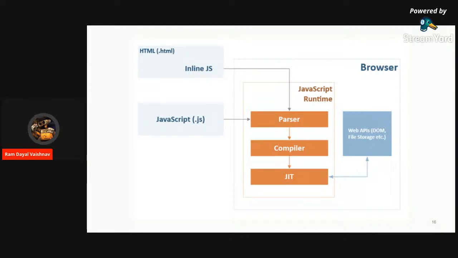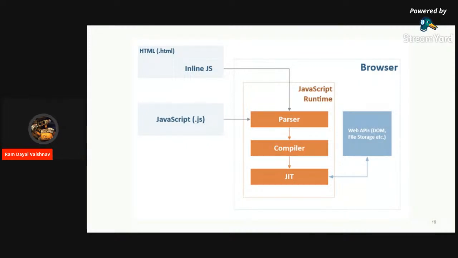If you see the orange section, this is called the JavaScript runtime. And if you see the rest of the part, the browser overall has two important parts. One is the orange box, and second is the bluish box. The bluish box has the web APIs, like DOM, file storage, and all these things. But internally, just for JavaScript, we have the JavaScript runtime.